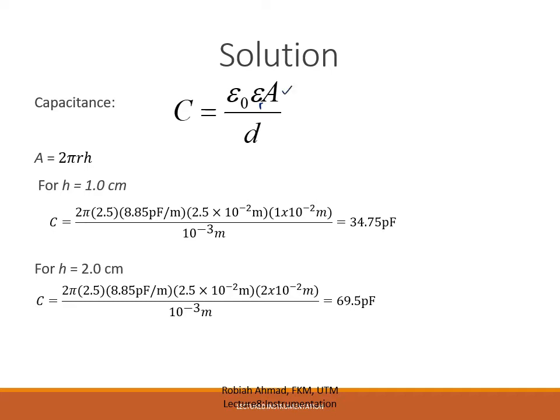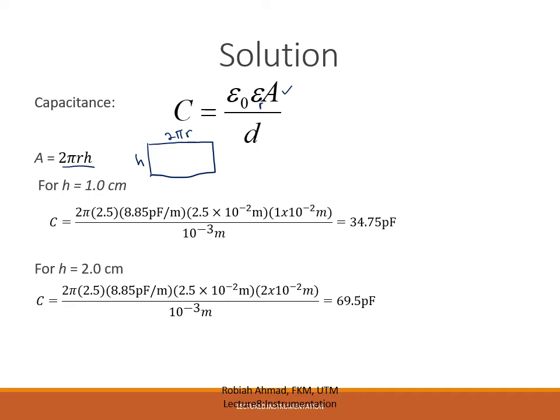So the area can be calculated based on the design of the sensor, where the area will be 2 pi r multiplied by h, because if we open the cylinder, it will be coming like this. So this is h and this is 2 pi r, the circumference of the cylinder.